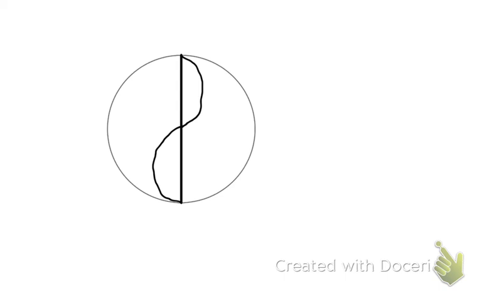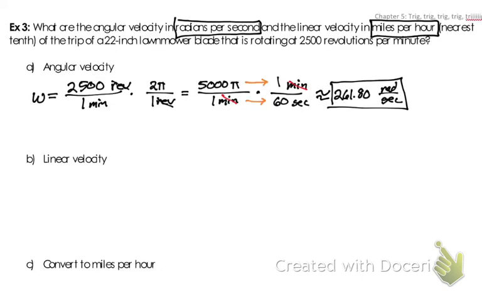This is what they mean by a lawnmower blade. They're saying this entire thing is 22 inches. What's the radius of that blade? 11. So although they gave you a 22-inch lawnmower blade, our radius is going to equal 11 inches.